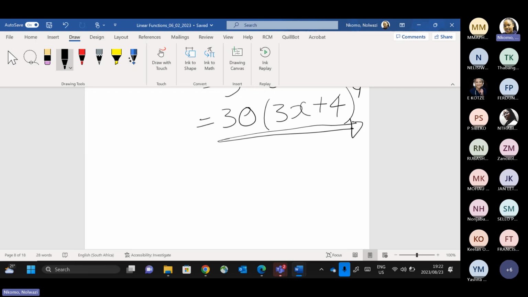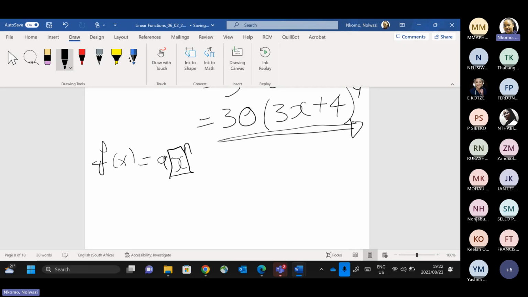Power function, a polynomial: f of x equals a x to the power n. And then here on the power rule, where there was x, we had a function.